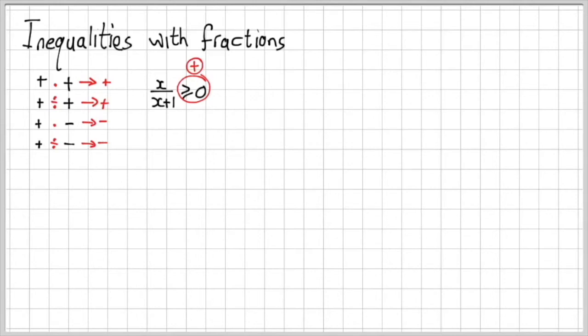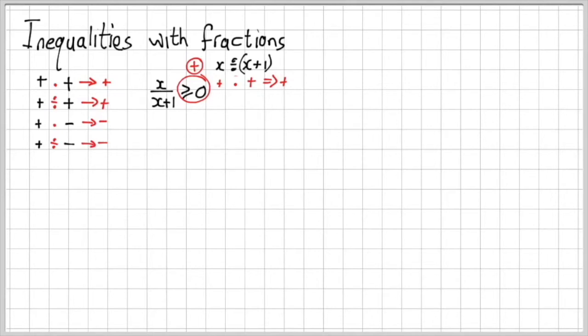So let's quickly look at when x divided by x plus 1 is a positive answer. Well, that's going to be when I've got a plus divided by a plus, but that could just as well change into a multiply.